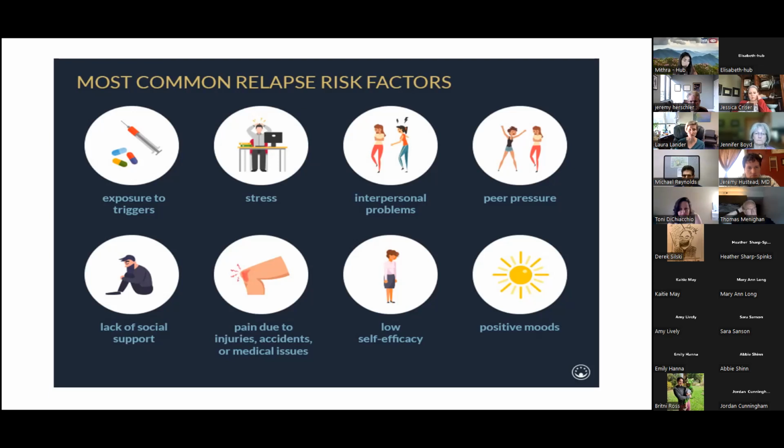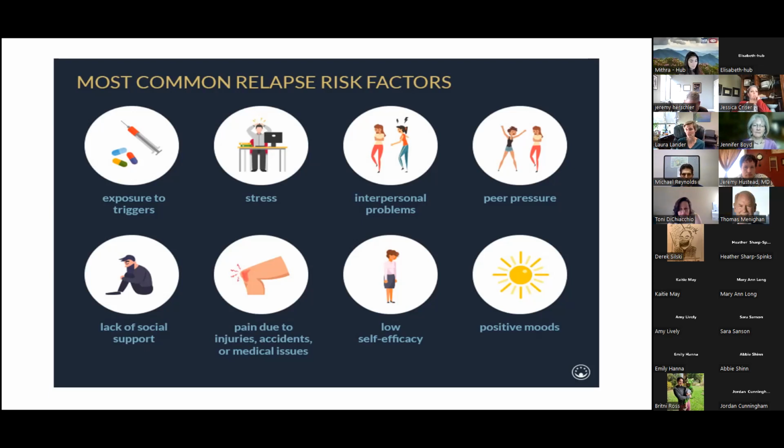And then these other ones are also pretty common. Interestingly, positive moods is a common one. Summer, so seasons, is a common one because we know that substance use can also be very associative, whether it be associated with events or things that happen during certain times of the year, or positive mood.